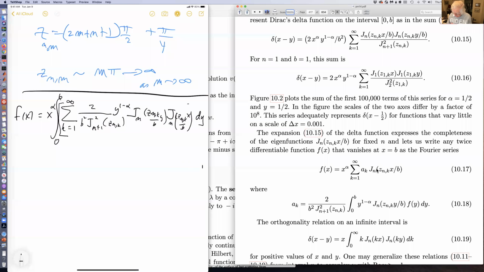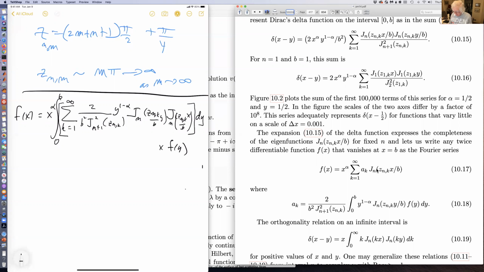There, I think I can finally close the parentheses. And then the rest of this is the f of y here. Well, we can see that what's in the sum is the delta function.